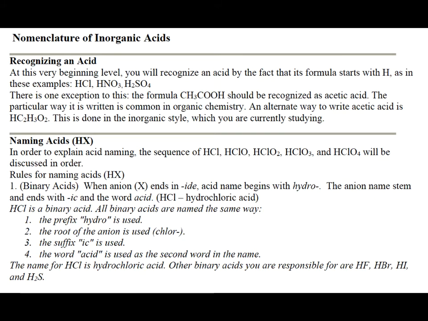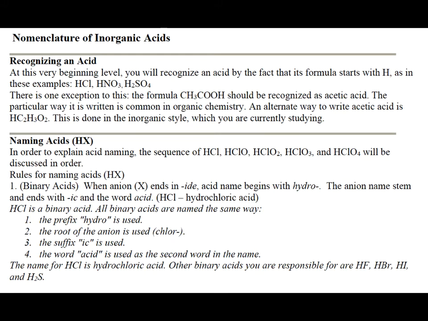So the rules are for binary acids. Binary acids are when the X in HX of an acid ends in "ide," like chloride, sulfide, bromide. When you are naming them, those acids will begin with hydro. So HCl up above is hydrochloric acid. HCl is binary, and all binaries are named the same way.